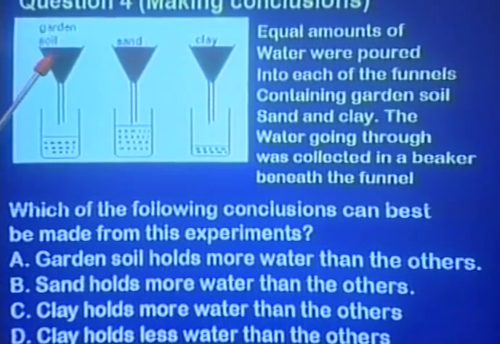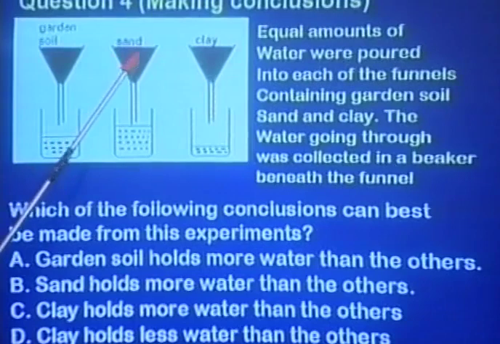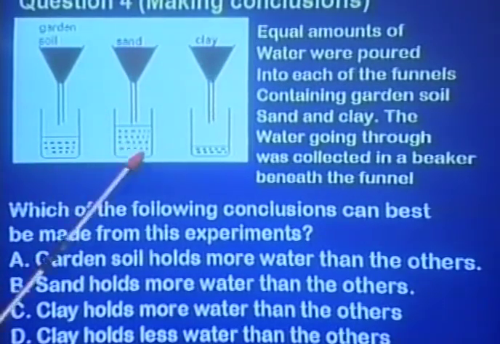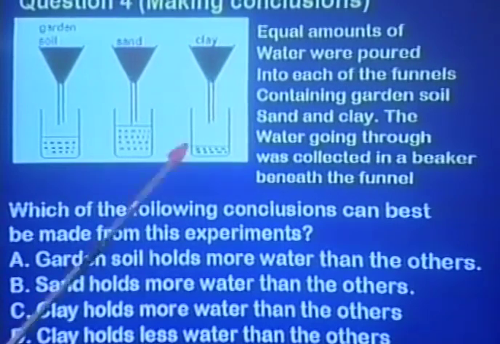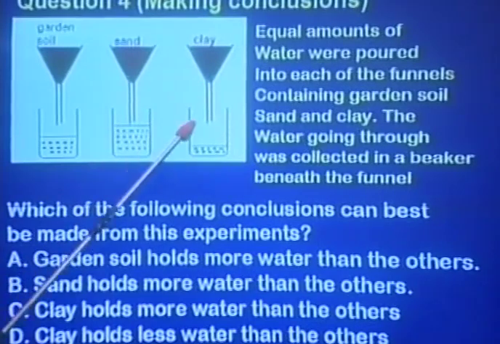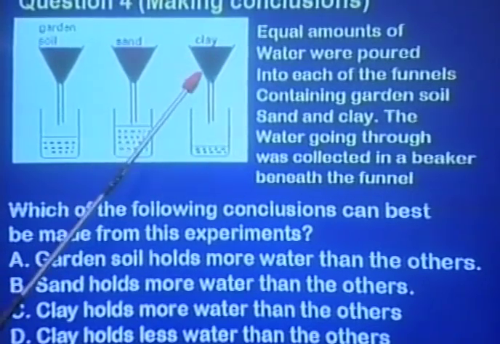After water is poured in, some water is being absorbed within this soil here, while the rest is collected here. Sand, some of the water has been absorbed here, some been collected here. Clay, while the water has been poured in, not all the water goes down, but some is being absorbed here.